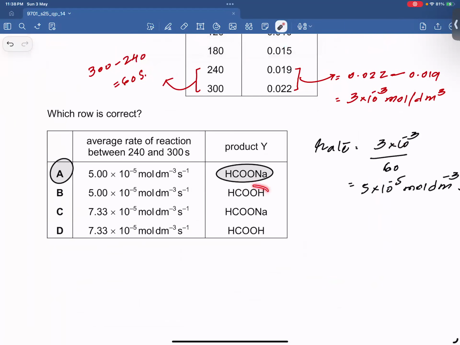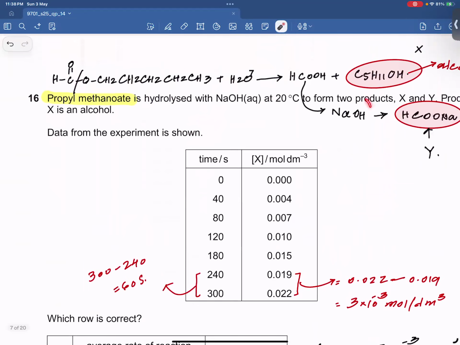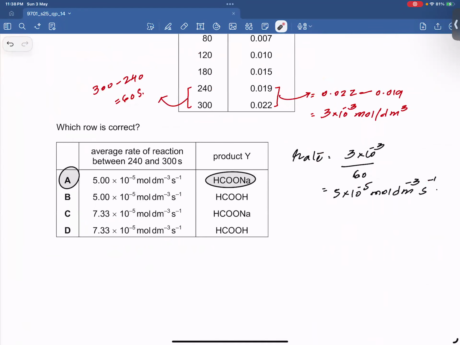We have an option of methanoic acid also, but मैंने कहा था आपको कि जब सोडियम हाइड्रोक्साइड का मीडियम होगा इट विल टर्न टू सॉल्ट, तो मैं सॉल्ट को लूंगा, एसिड को नहीं लूंगा. ठीक है, ये टेक्निकल एरिया था यहाँ पर. एनीवे, आई एम डन विद क्वेश्चन नंबर 16. Let's move on to the next question.